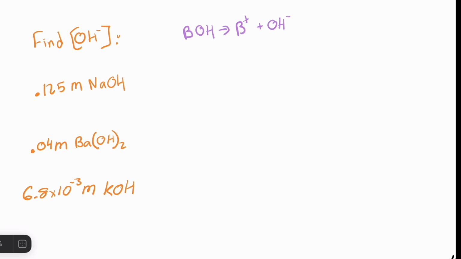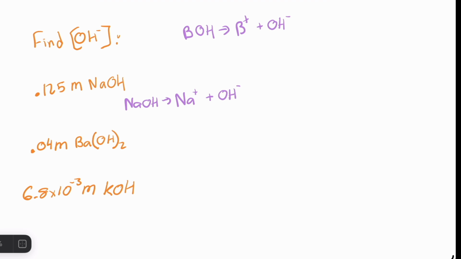So if we look at 0.125 molar of NaOH, that's going to dissociate into Na plus and OH minus.